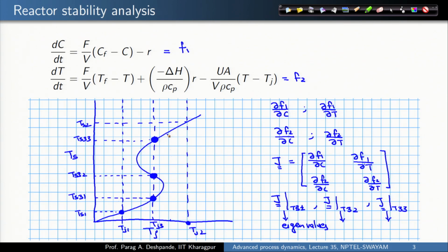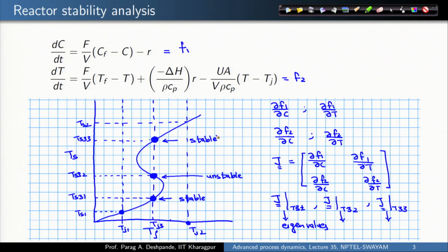So, you will find after doing this analysis that the middle point T steady state 3 2 is unstable. This point is stable and this point is also stable.